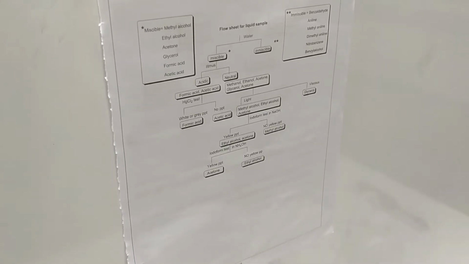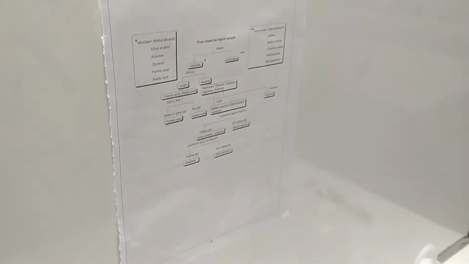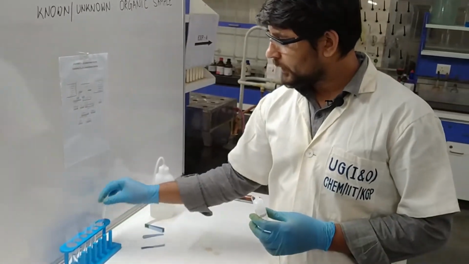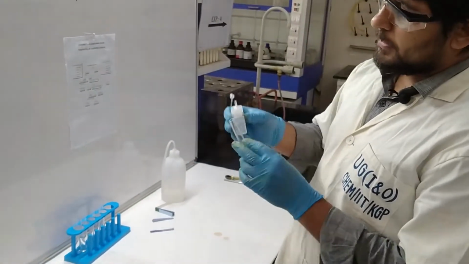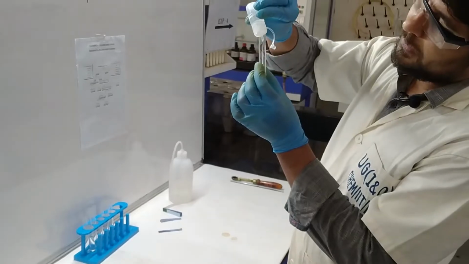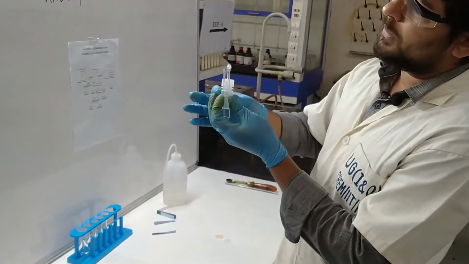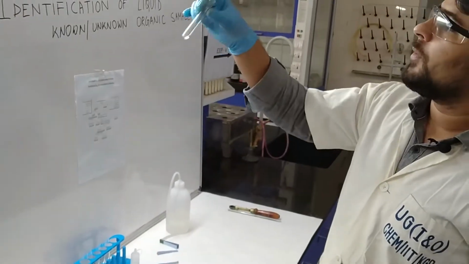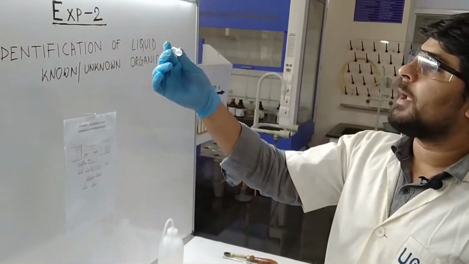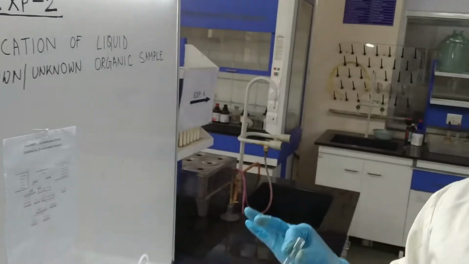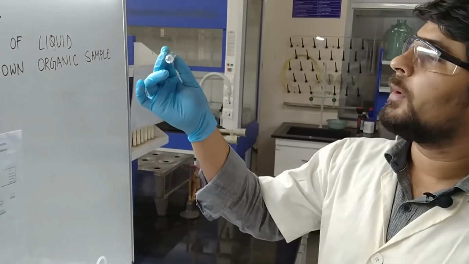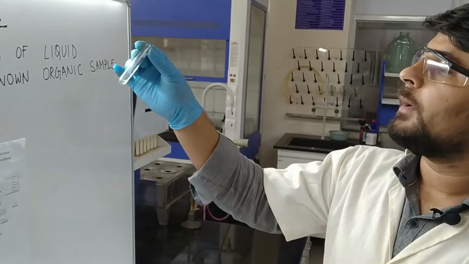Whether our sample is light or viscous. Okay, so how can we check whether it's light or viscous? See, I think this is light because it quickly flows, it does not take time to flow. Okay, if it is viscous, then it does not flow quickly like this.